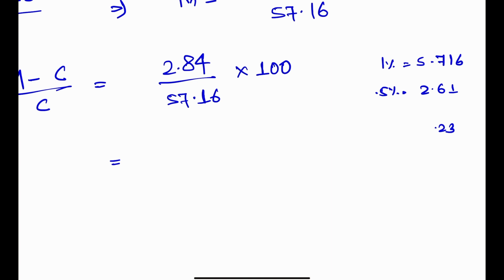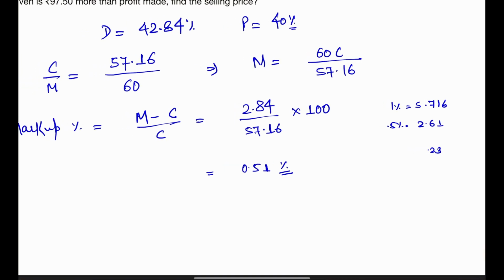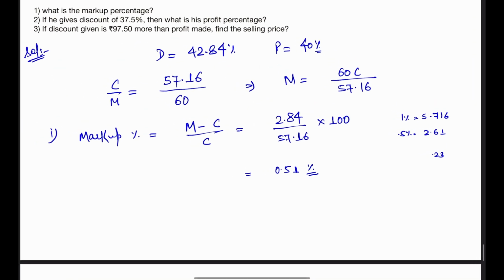So 0.51% will be my markup price percentage. 1% is 5.7, 0.5% is this one.